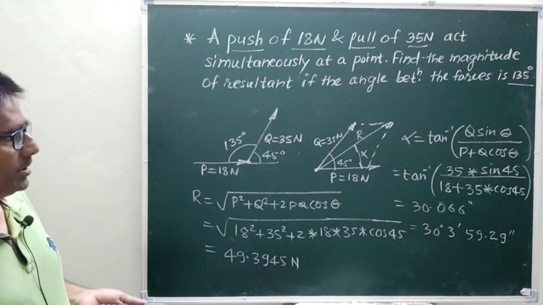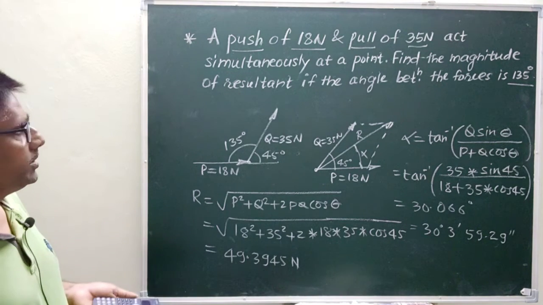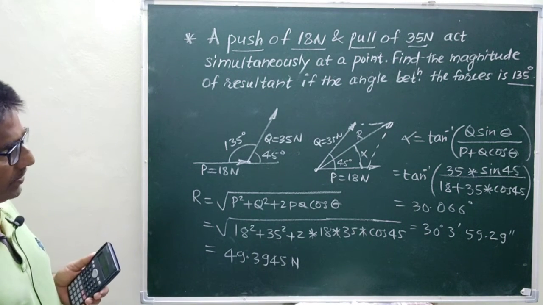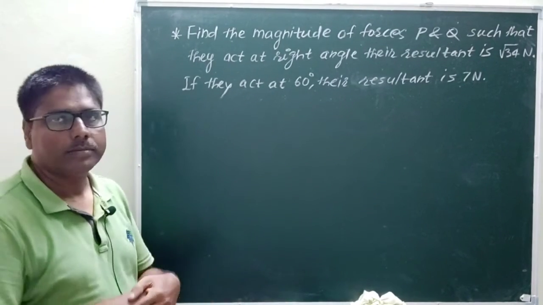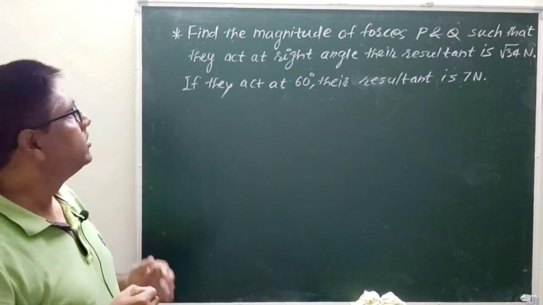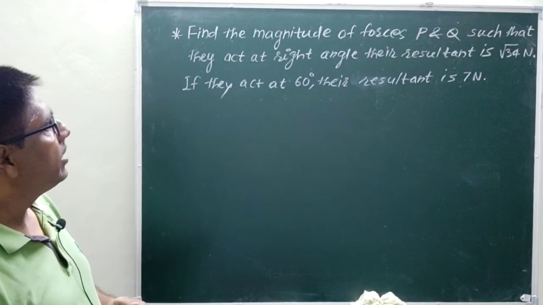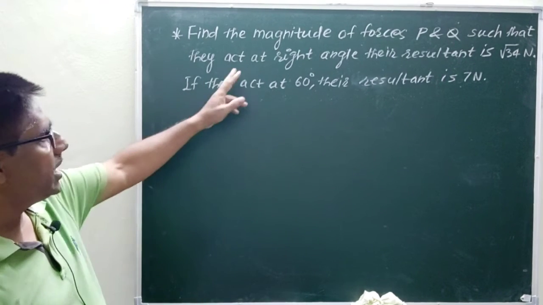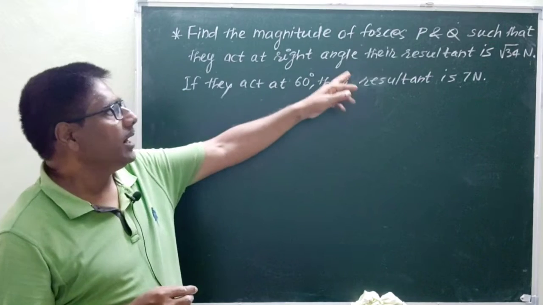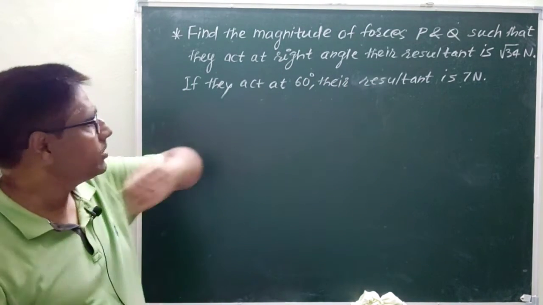After this, let's go for second problem on the law of parallelogram of forces. Now this is second problem. Find the magnitude of forces P and Q such that they act at right angle and their resultant is root 34 Newton.